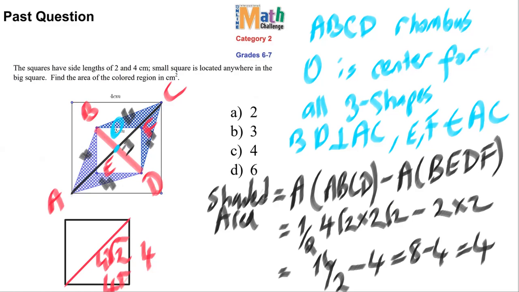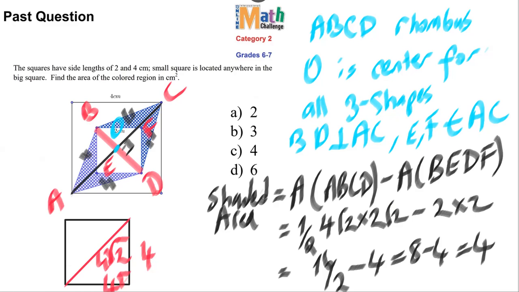In that case, the middle of these diagonals and the middle of these diagonals will be the same. At the same time, this shape will be a rhombus because if this is in the middle, this distance and this distance will be the same as this and this. So we choose this point to make it easier for our case.